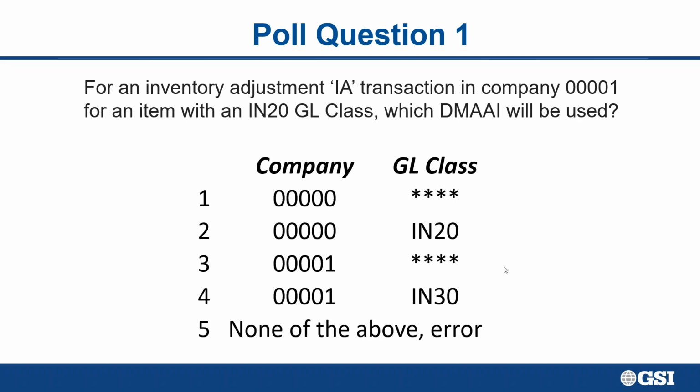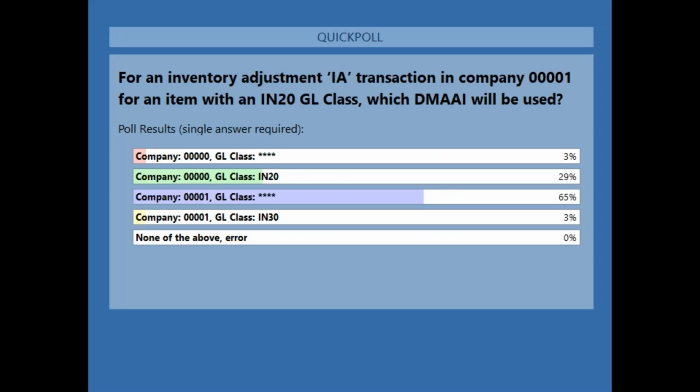So let's take a look at this. And what is the correct answer? The correct answer is going to be number 3, where we have a specific company number and we are using the asterisk. And we have a 65% return rate on the correct answer. So the vast majority of you got this correct.